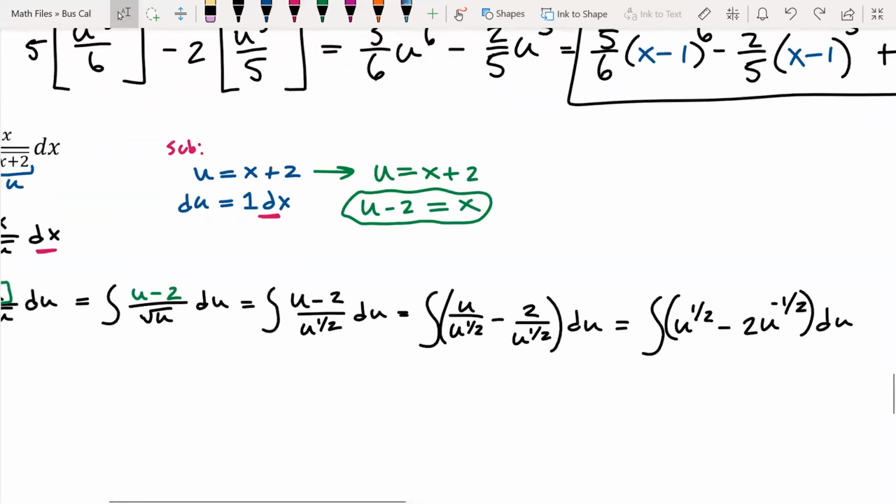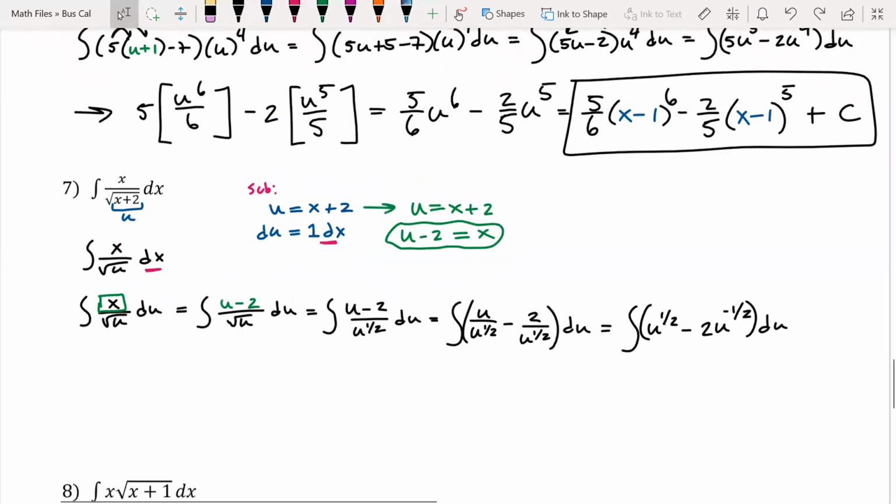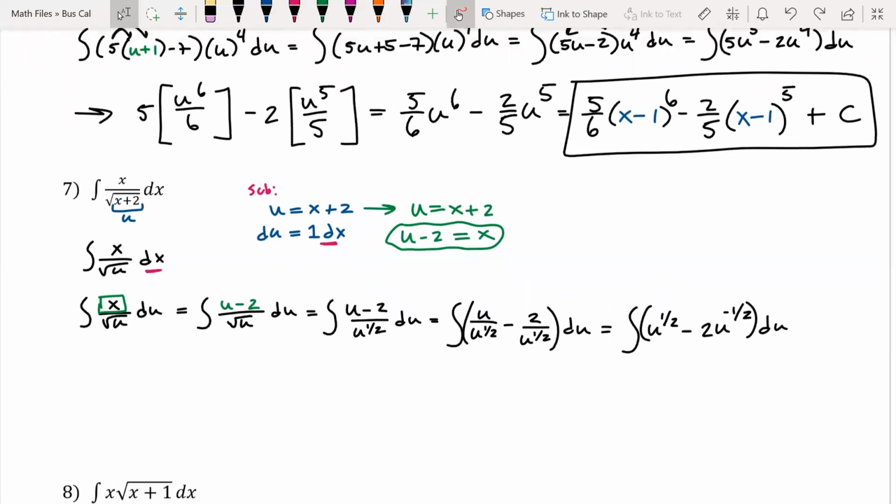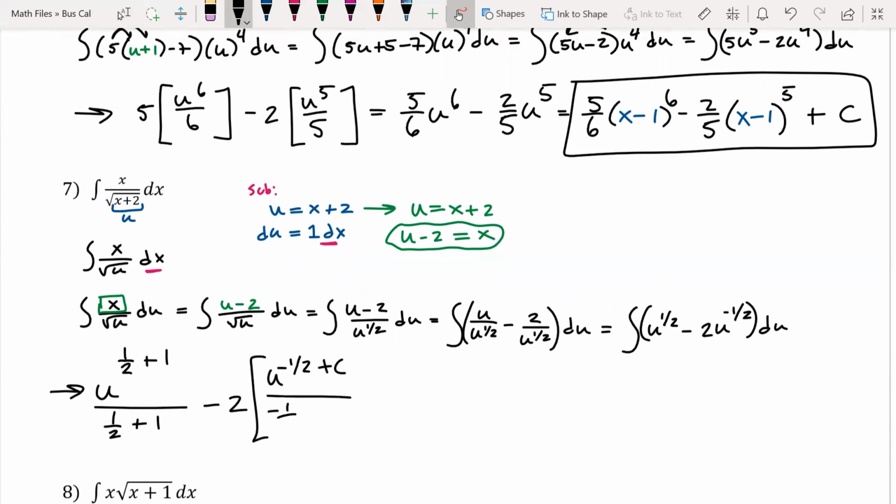And now we are ready to find the antiderivative by power rule. And since this is a fraction, definitely put the work in. Let's see. First one, you'd get u to the 1/2 plus 1 over 1/2 plus 1, minus 2 times u to the negative 1/2 plus 1 over negative 1/2 plus 1.